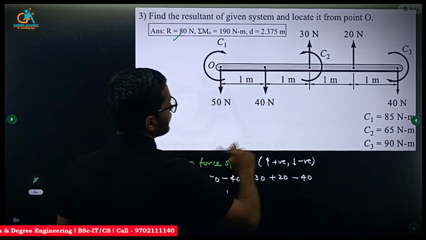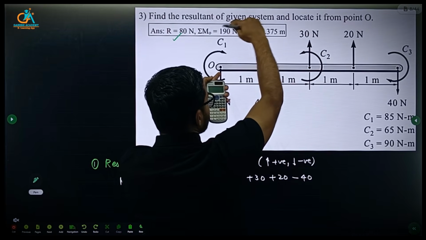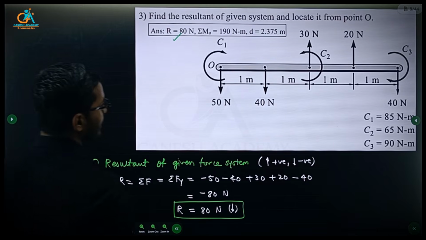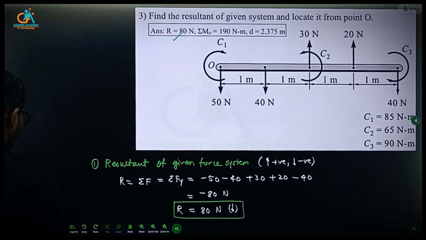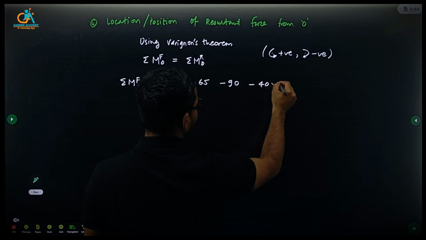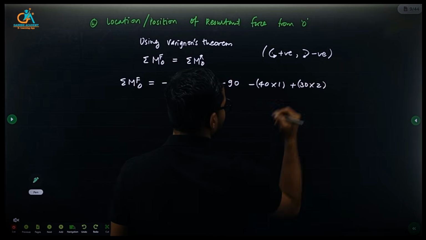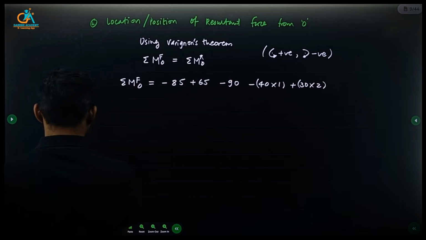This 30 Newton force is at distance 2, producing anti-clockwise moment, so 30 into 2 positive. So 40 into 1 negative, 30 into 2 positive.